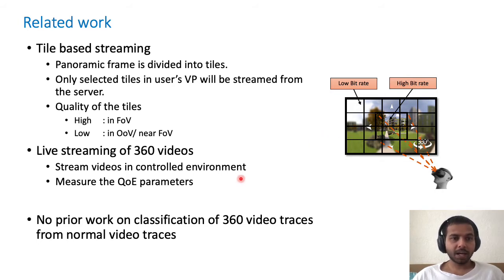There are also a couple of works on live streaming of 360-degree videos in controlled environments, where they measure some quality of experience parameters and how they affect 360-degree video delivery. However, we couldn't find any prior work on classification of 360-degree video traces and normal video traces while collecting encrypted traffic data from the network. So that has been another motivation for our work as well.